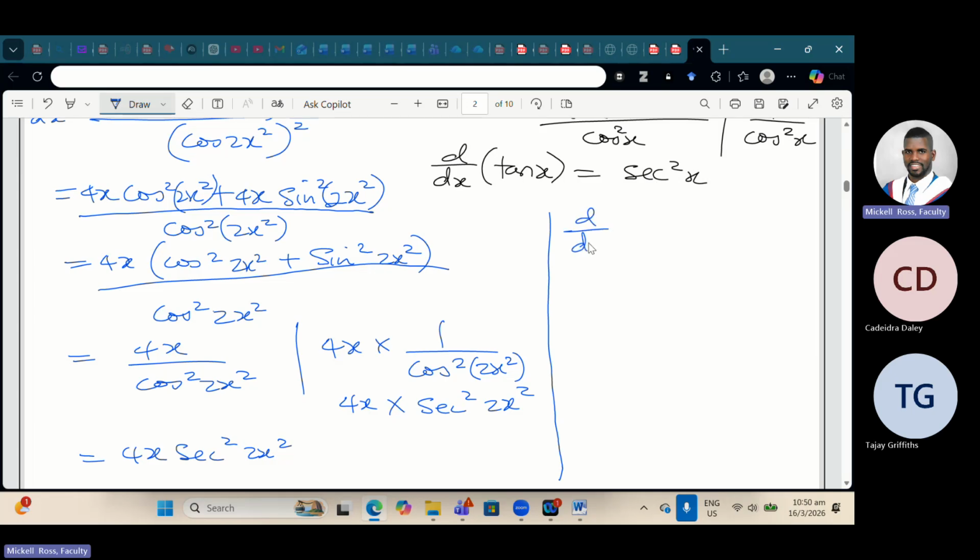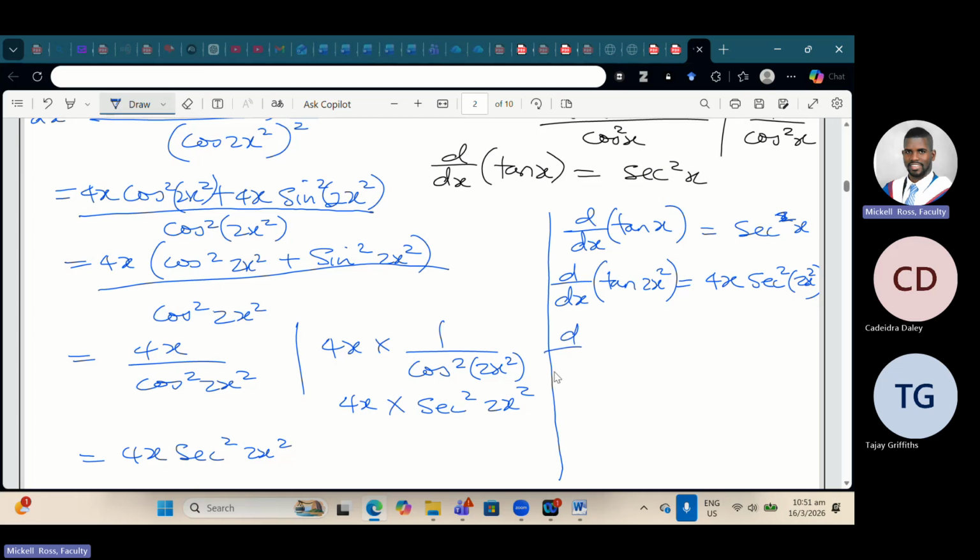If the derivative with respect to x of tan x is equal to sec squared x, then the derivative of tan of anything, the angle, is the derivative of the angle multiplied by sec squared of the angle. For example, the derivative of tan 2x squared: the derivative of the angle is 4x, so it's 4x times sec squared of the angle, which is 2x squared. Which is what we got right here.